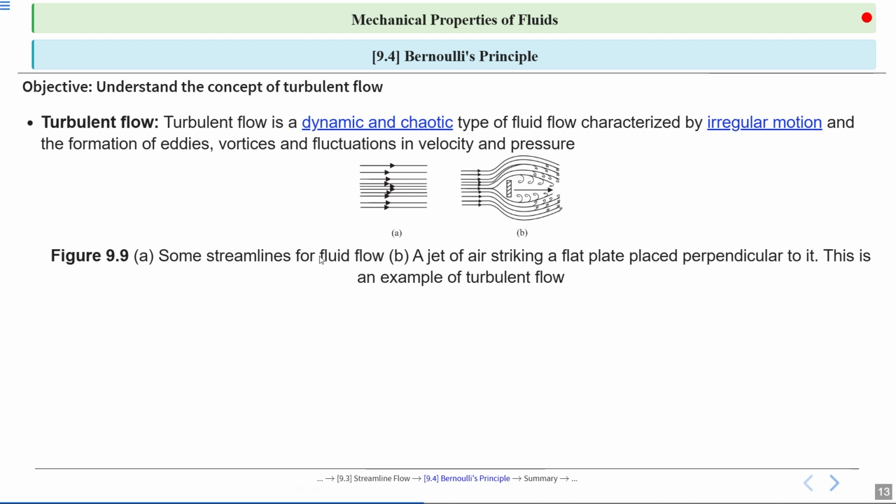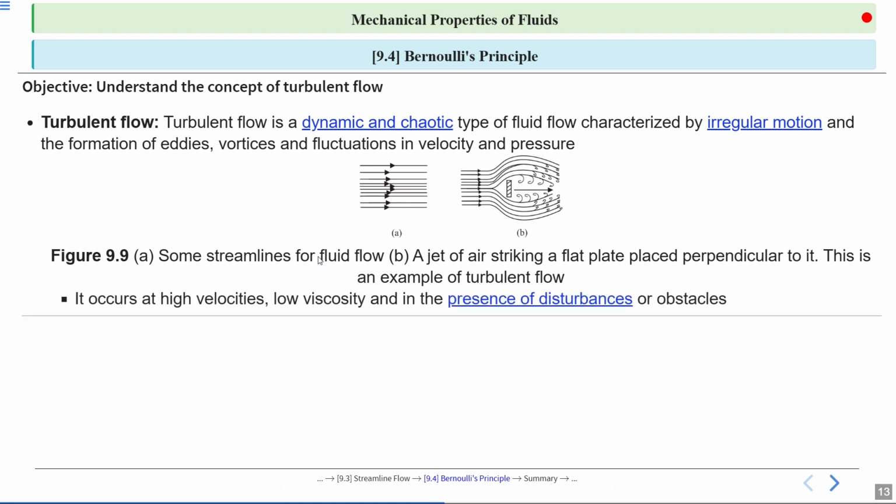This is very different from smooth, steady flow, and it's important in many real-life situations like river rapids or air moving around a car. So it occurs at high velocities, low viscosities, and in the presence of disturbances or obstacles. All right.